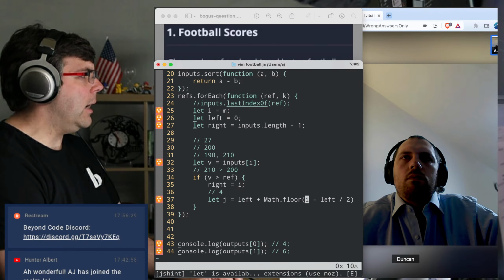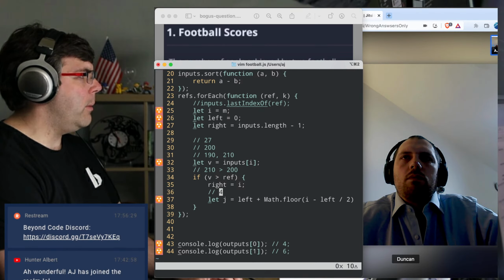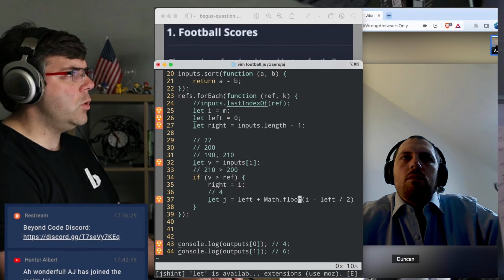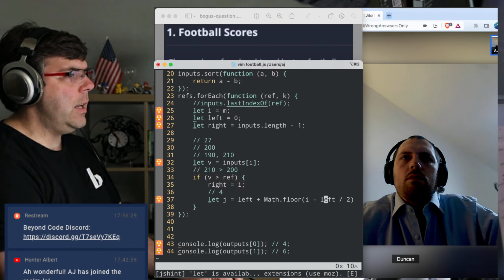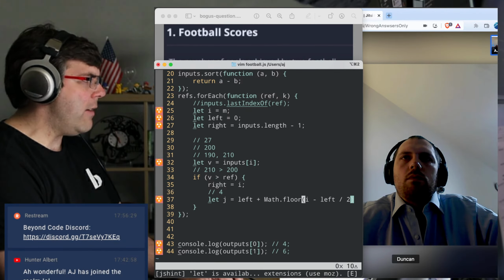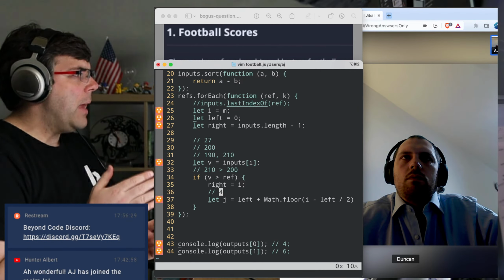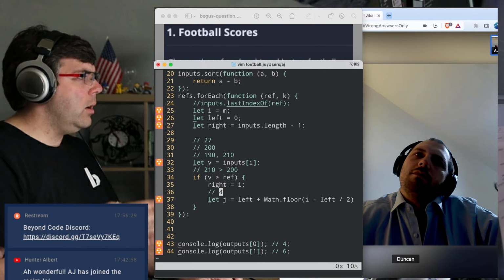Then we would need to take the current value of I, which is 27. We'd need to subtract our left value from it, which is 4, which would give us 23. We'd need to divide that by 2, which is going to give us 11 and a half, but we're going to floor it down to 11, and then we're going to add our left value to it, 4, which is 15, and that should be half the space between our left boundary and where we just were.